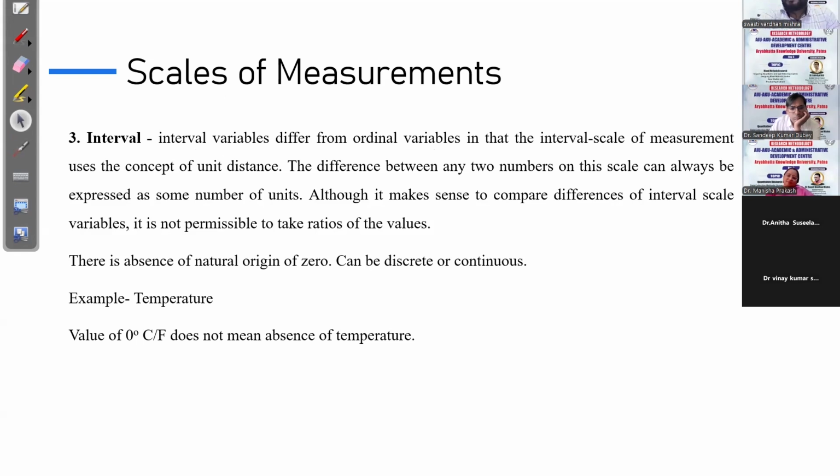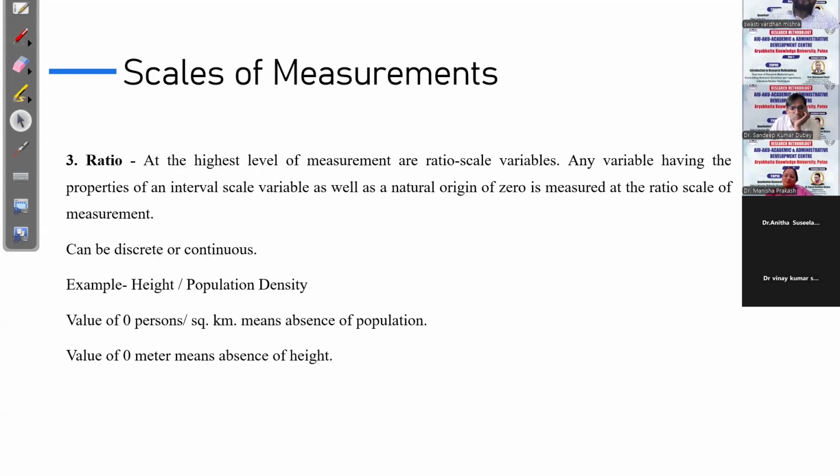Interval data are ideally in absence of the natural origin of 0. But to have a full-fledged working 0, you need to have ratio scale data, which is the most powerful data and most apt for any form of quantitative evaluation. They can be discrete, they can be continuous.